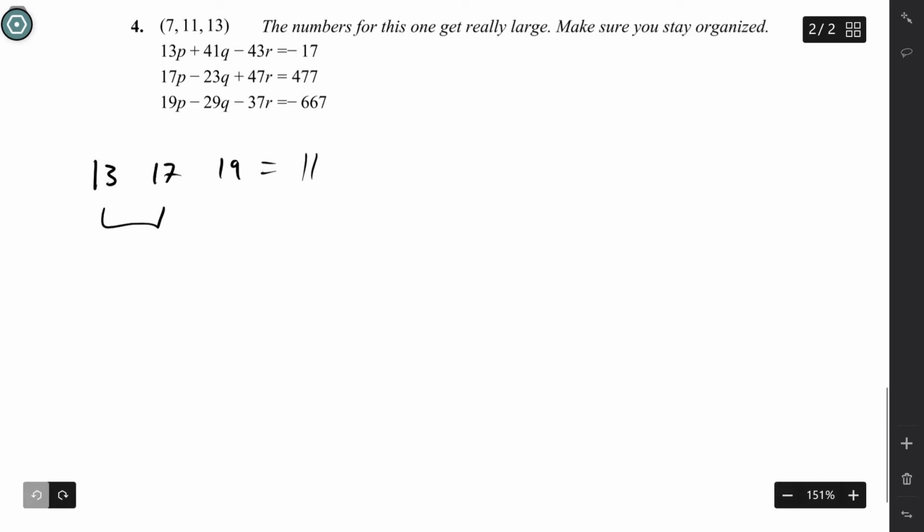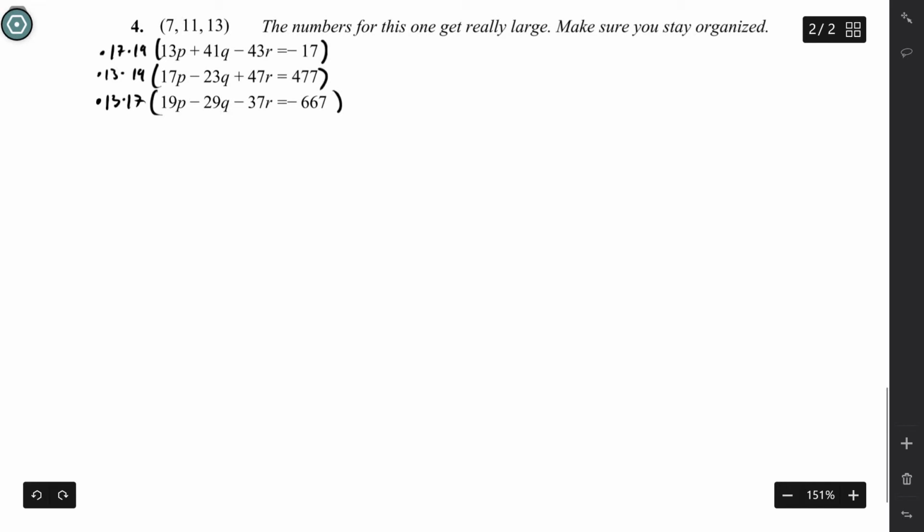Let's see. Clear out all of those marks. And we're going to take this top equation and we're going to multiply it by 17 multiplied by 19. And this second equation, we're going to take and multiply that by 13 and 19. And then we'll take this bottom equation and we're going to multiply it by 13 and 17.